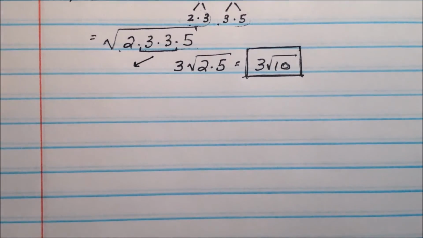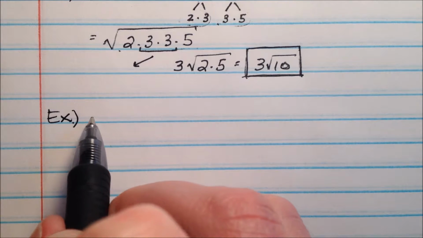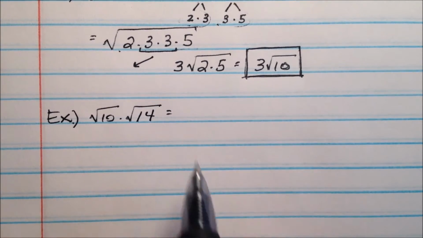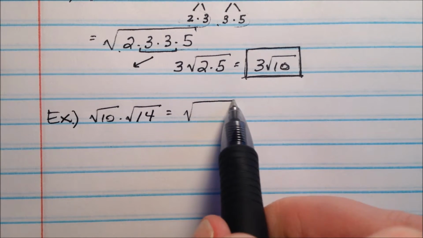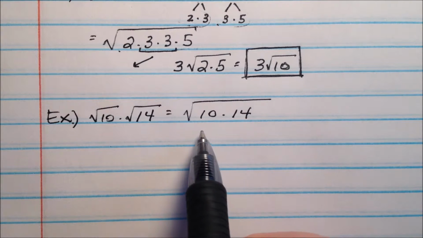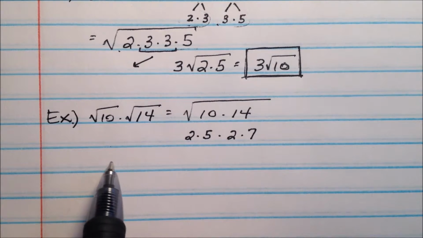So another example then, let's do the square root of 10 times the square root of 14. Again, we'll have the square root of 10 times 14. And 10 will break down to 2 times 5. And 14 will break down to 2 times 7.